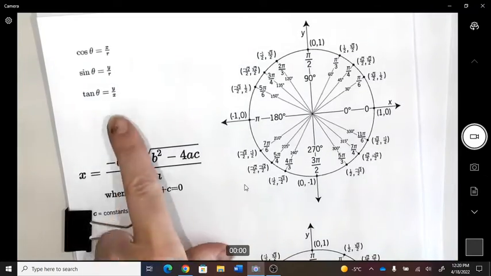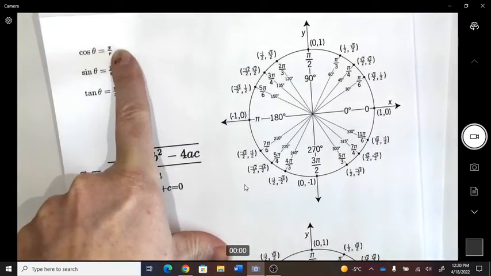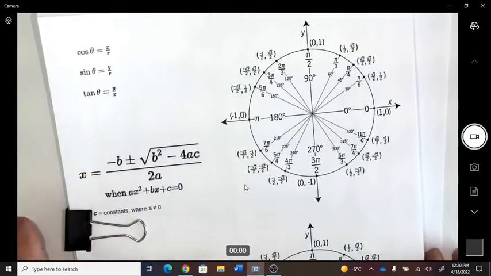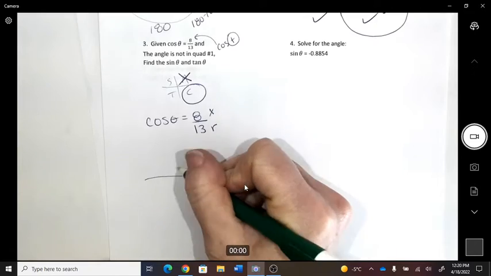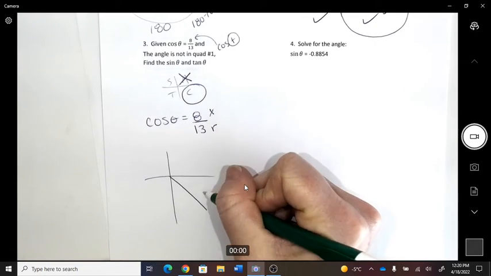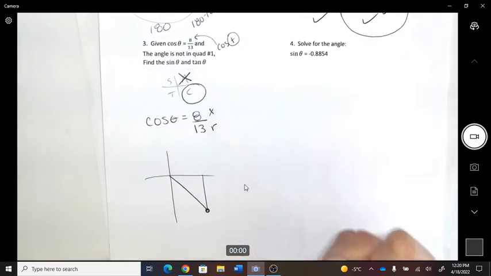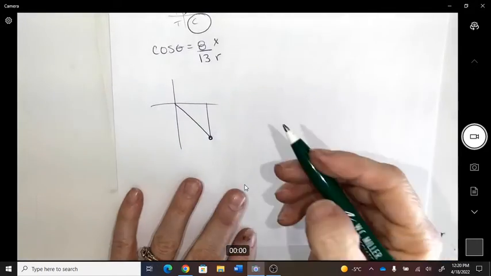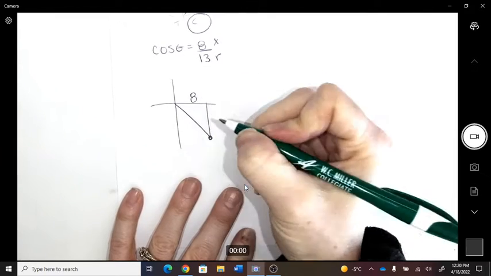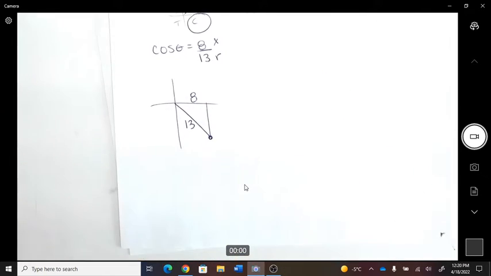So in this corner, cos is X divided by R. So I'm in that quadrant, and my X is 8 and my R is 13.